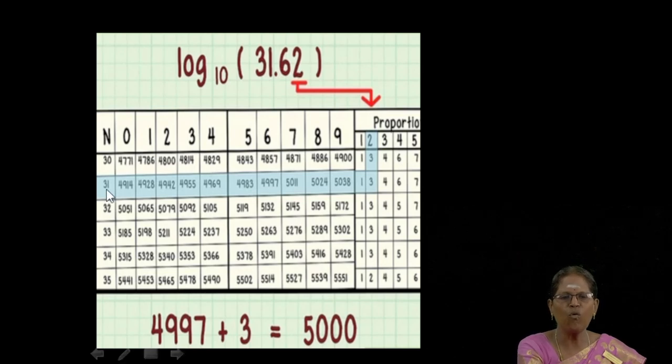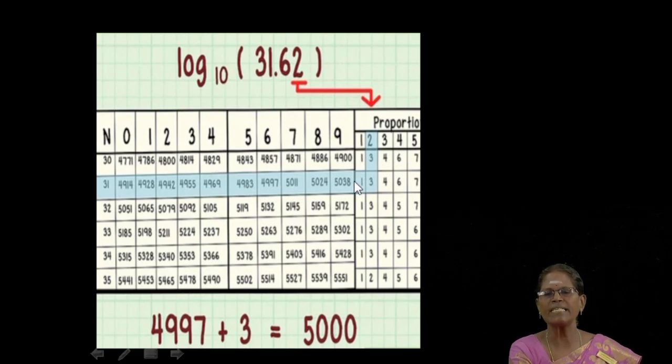For 31, the row 31, the sub-column 6 is considered. Here the number we have is 4997. With this, we have to consider the mean difference column 2 because the number is 31.62. In the mean difference column, we have the number 3.